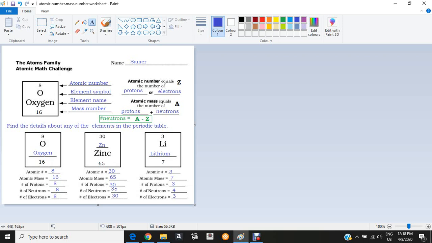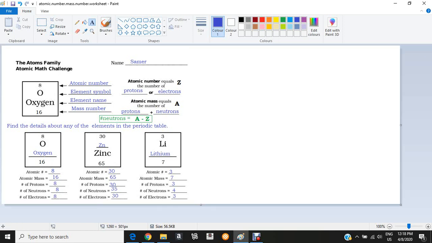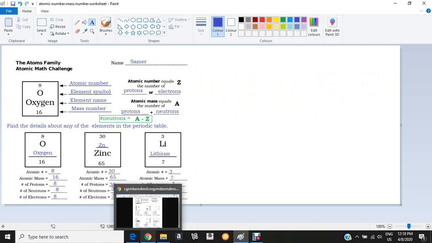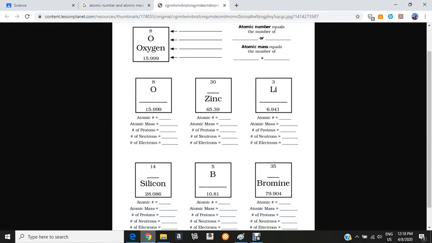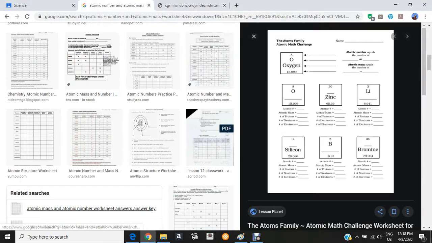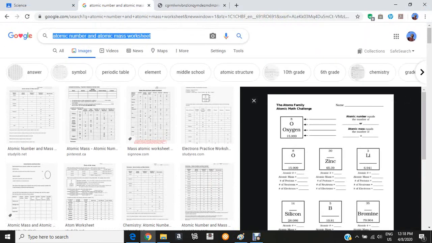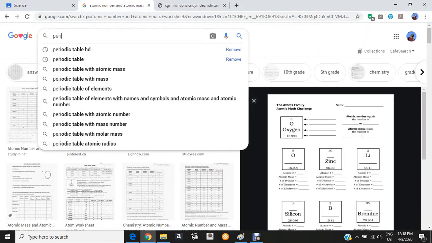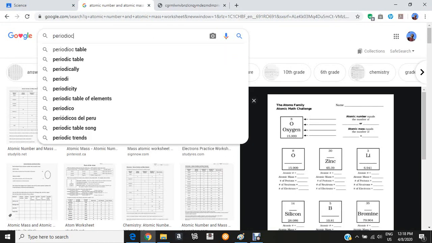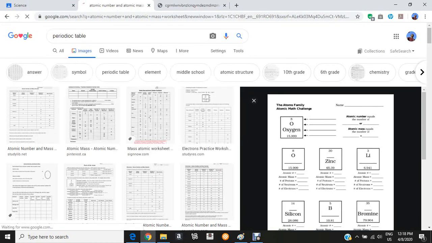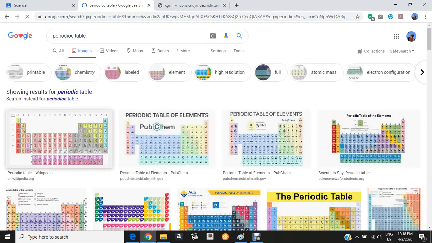Use the periodic table. I am going to add the periodic table for you here. Go find the periodic table, and you can learn how to find it every time. See? Images.